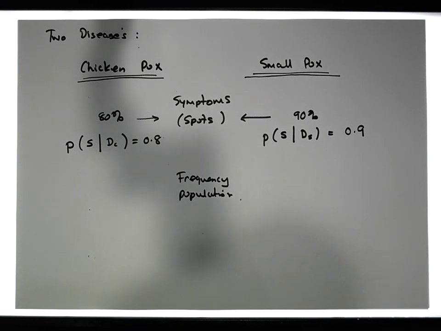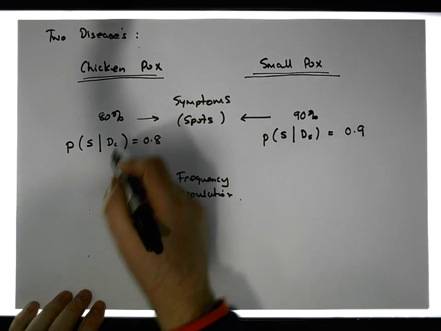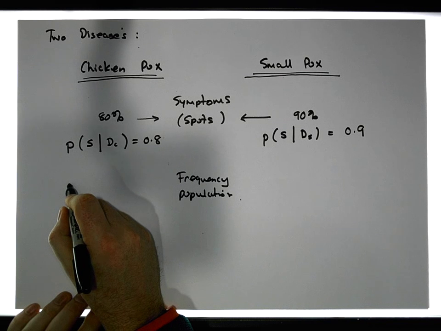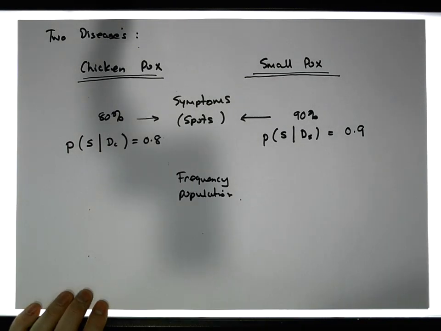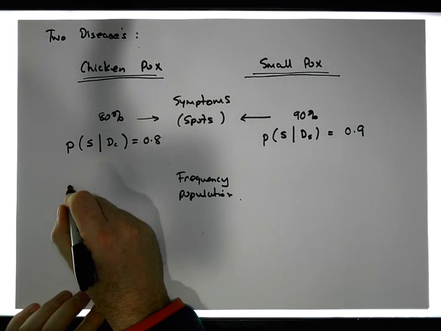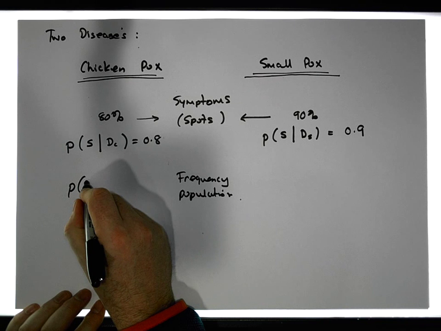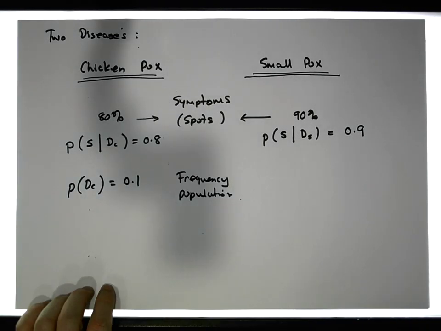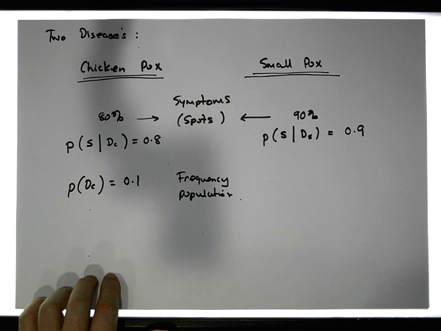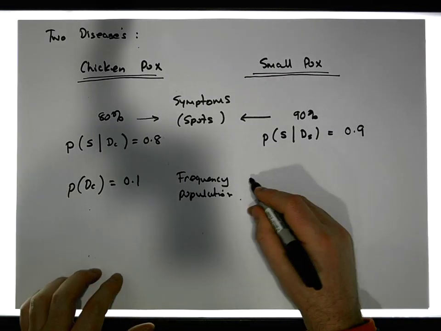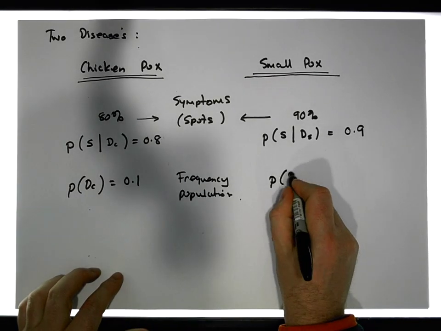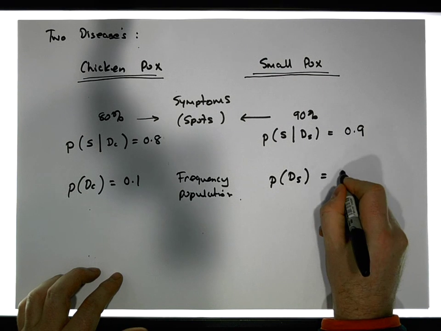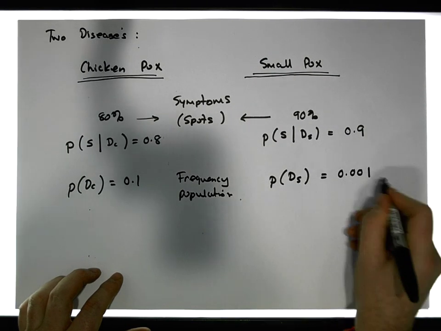So the likelihood that someone has chickenpox is around 10%, whereas the frequency of smallpox in the population is something very small, 0.001. It's probably even smaller than that.